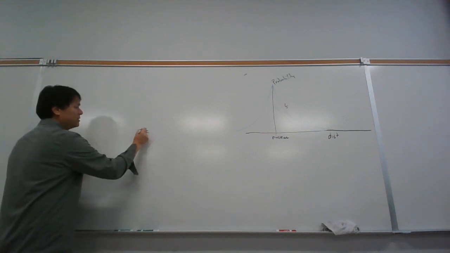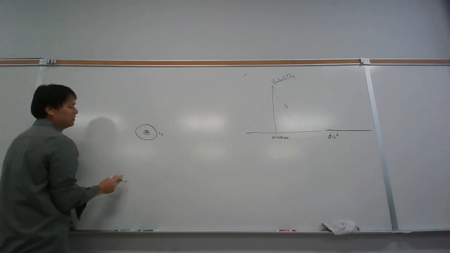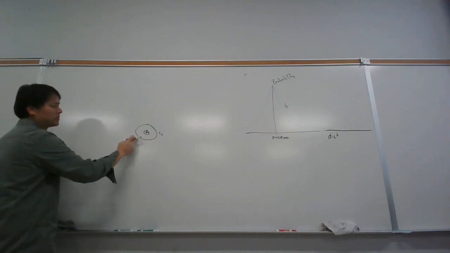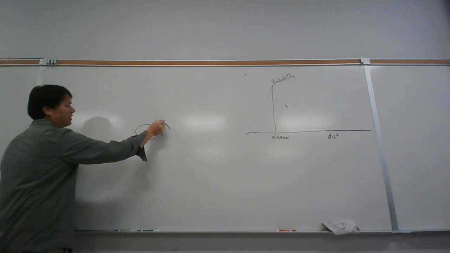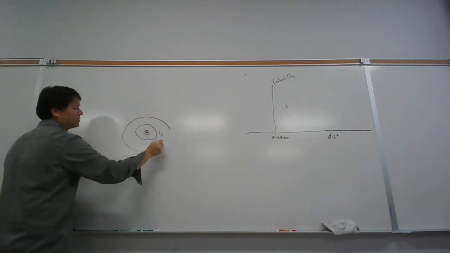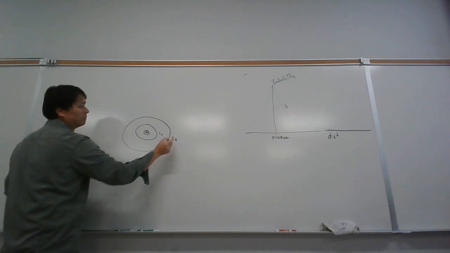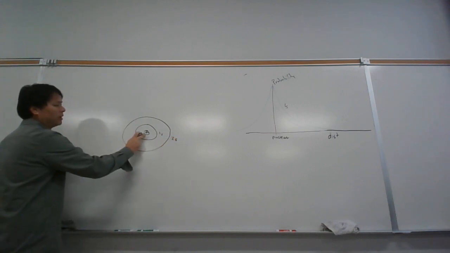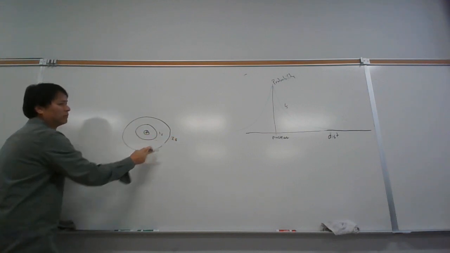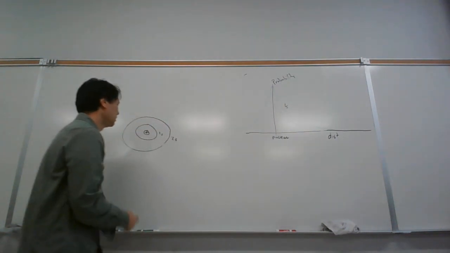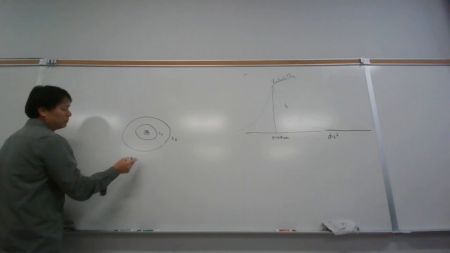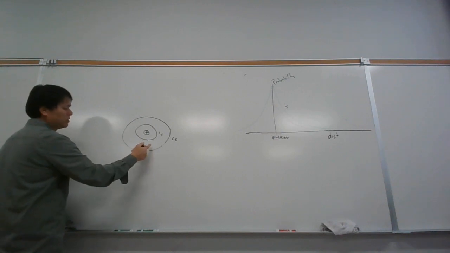So the lowest energy orbital is going to be the 1s orbital. It's going to be nearest the nucleus, and we'll just draw this as a 95% probability boundary. And then higher in energy, we're going to have the 2s orbital, like this, which will have a greater probability of it being found further from the nucleus. But again, the highest probability is going to be close to the nucleus here. And so that's the 2s.